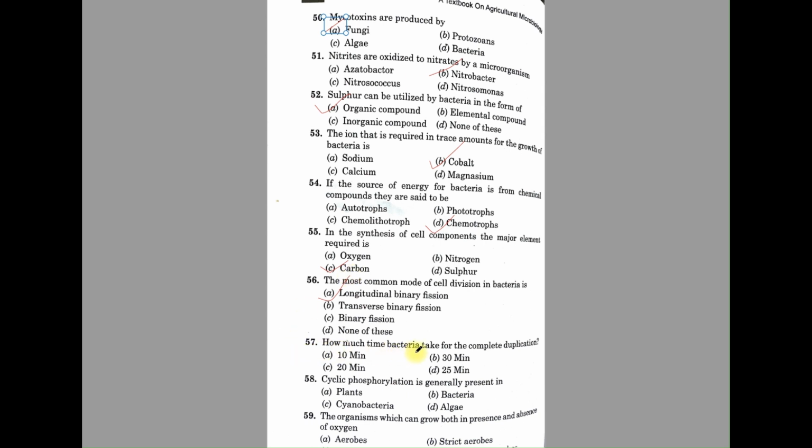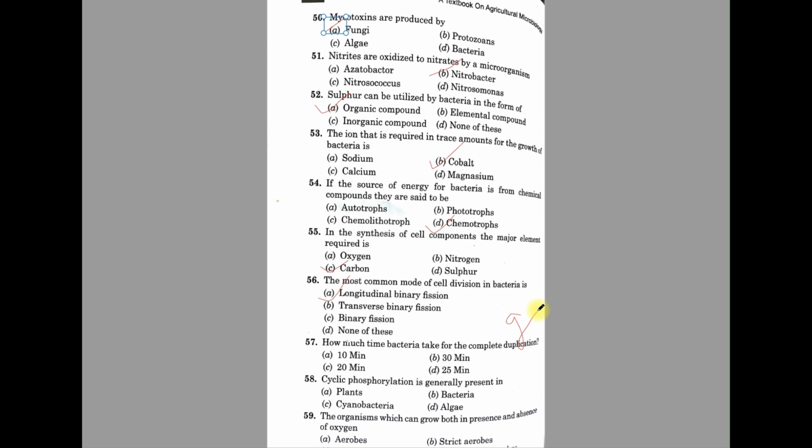Question number 57. How much time does a bacterium take for complete duplication? A. 10 minutes, B. 30 minutes, C. 20 minutes, D. 25 minutes. Here they are asking about the generation time, given by the symbol G, and this generation time varies from bacteria to bacteria.